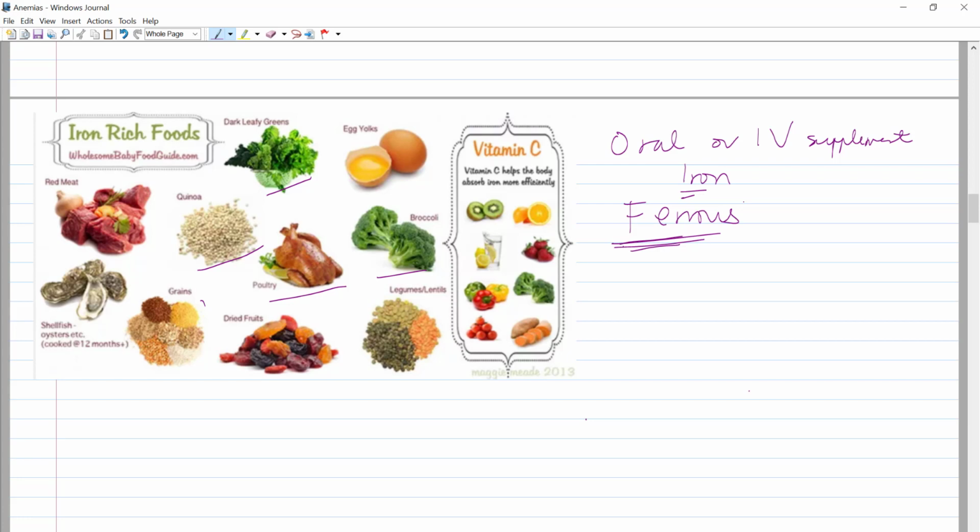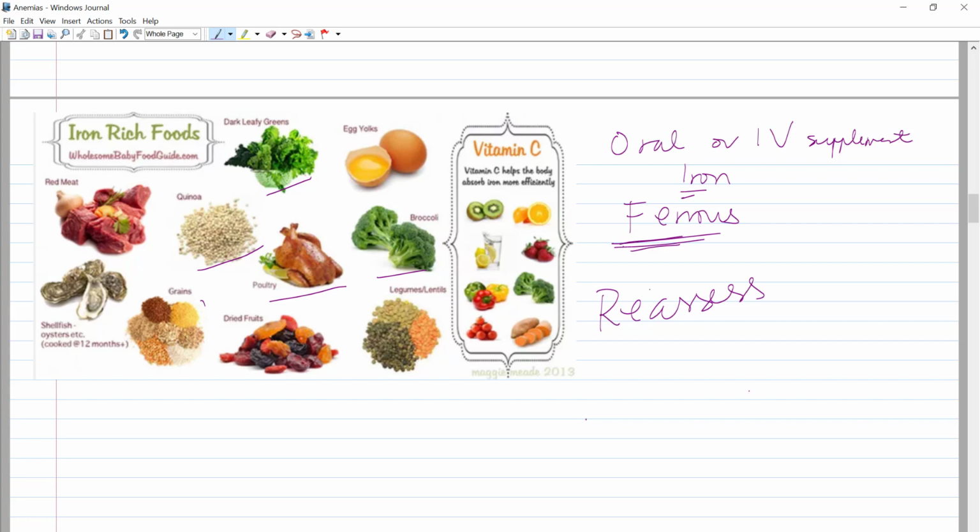What else? Remember that if they're taking any iron supplements, we have to reassess them. Okay, and that's very important that we have to reevaluate if the nursing management that we did to this patient and the medical management are effective by reassessing their response to the therapy.